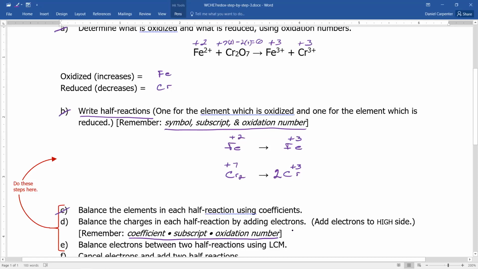See if you can do it. It's 2, 1 times 1 times 3.